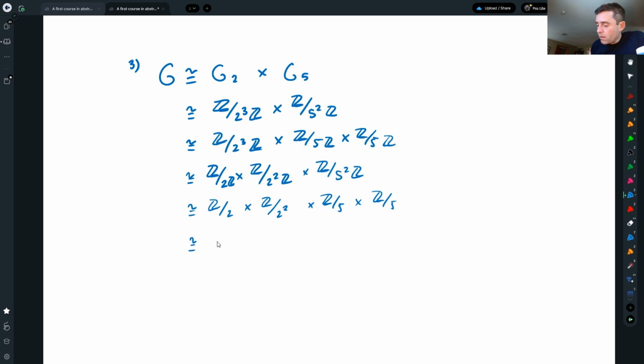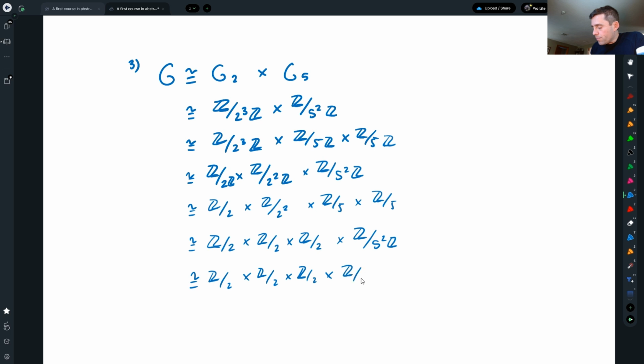And finally, if the 2 primary component is Z modulo 2 cross Z modulo 2 cross Z modulo 2, then the 5 primary component can be this one, or it can be this one. So by the theorem, it has to be one of these 6 possibilities.